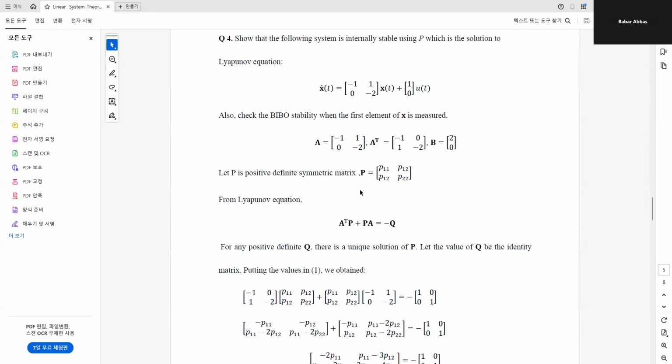In the first phase, we assume a positive definite symmetric matrix P equal to P11, P12, and P22.